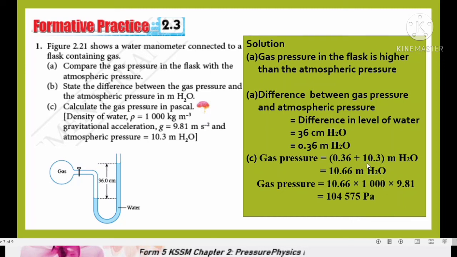This is water, so we use the density of water, G 9.81. Thus we get 104575 Pascal. You can also write the answer in standard form, which is 1.05 times 10 to the power 5 Pascal.